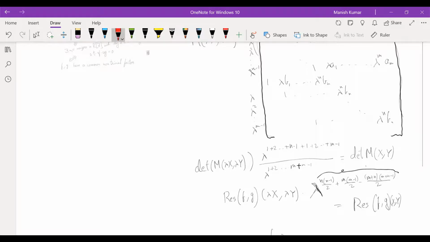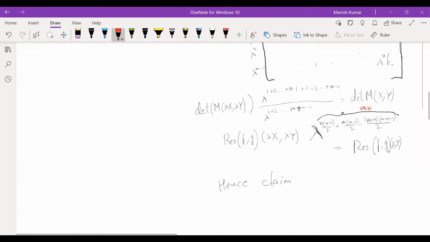If you calculate it, m times m minus 1 will cancel with this negative term, n times n minus 1 will cancel with this negative term, and what you get is basically the mixed terms mn and nm, so with a factor of 2, and there is a division by 2, so this is equal to m times n.